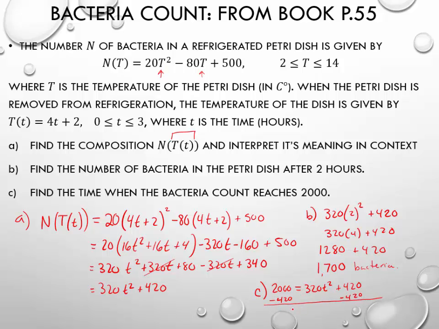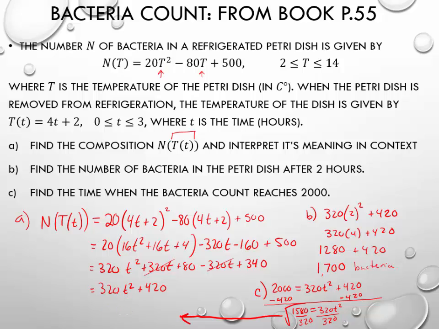And we're going to do 1580 equals 320t squared. Divide by 320, and then we're going to square root that. Do we need to do the minus square root? No, we don't, because we're not going to have negative bacteria.